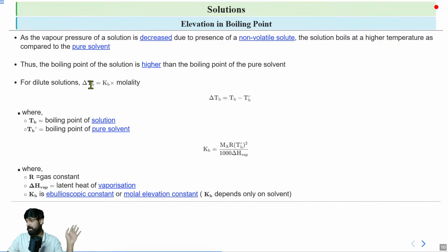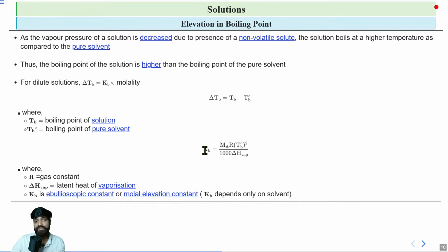All things will be similar to the case of your elevation in boiling point. Only in case of depression in freezing point, you have to write it as delta TF is equals to KFM. Got it? So this is your change that you will see right now in the next upcoming colligative property.